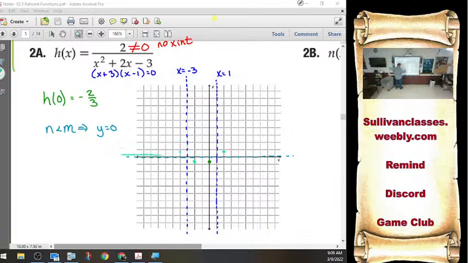I'm betting that it looks like this. I could be wrong, but that's my guess, and that's why I'm going to go to my calculator to double check.